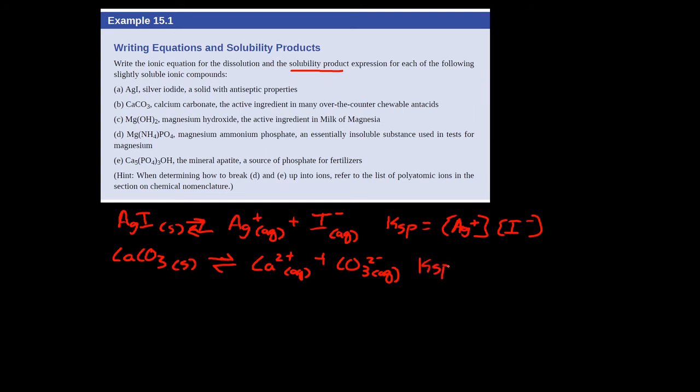So our Ksp is just going to be calcium 2 plus times carbonate 2 minus. That is our Ksp. Again, it is just the products, and just plug them right in. The next one, or the next three actually, are going to be a little bit different. Go ahead and pause the video and try to do those as well. And I'm going to erase the ones that I have up here while you work on that, because I'm going to run out of space pretty quickly.